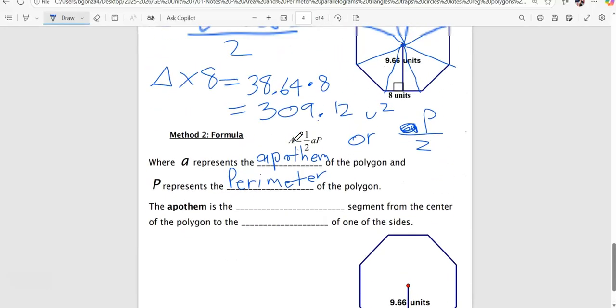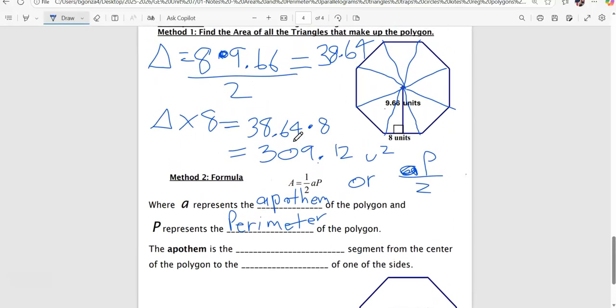So the apothem is the perpendicular segment from the center to the midpoint of one of the sides.